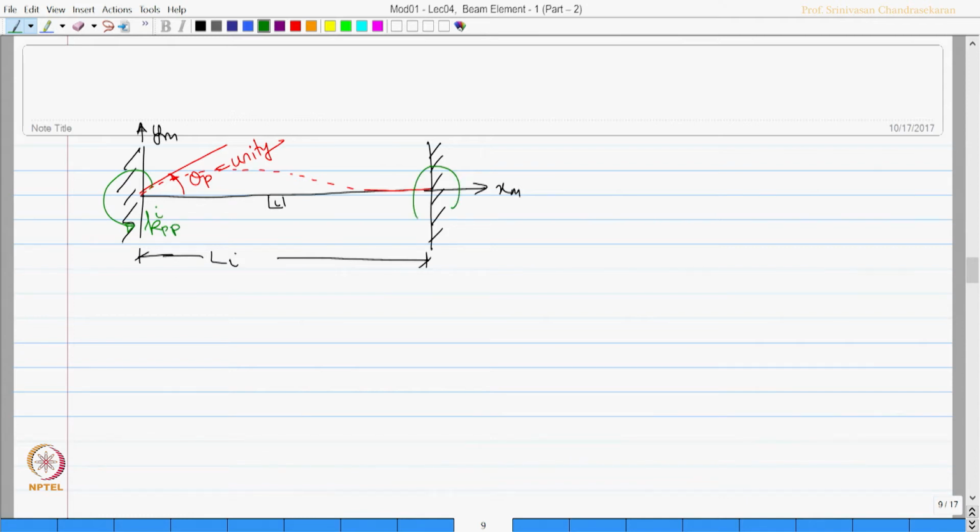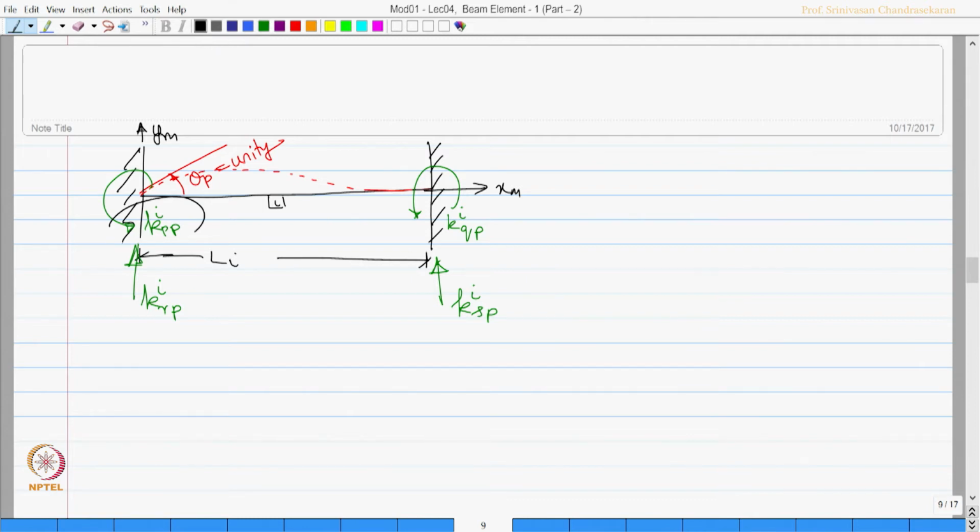I call this as K Q P of the ith member. This value will be K R P of the ith member, and this value will be K S P of the ith member. Let us try to understand how did we get this notation.